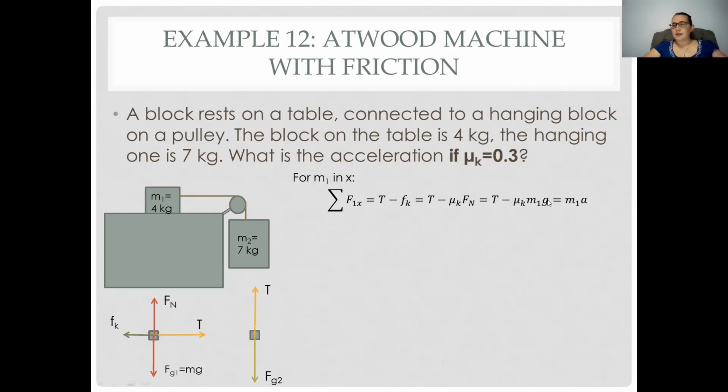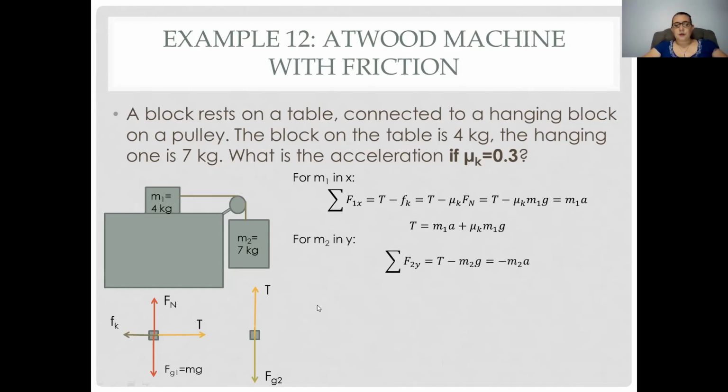And according to Newton's second law, that equals mass 1 times acceleration. So trying to get an equation for just tension by itself, we get tension equals M1A plus mu M1g. Right, we took this chunk, moved it over to the other side of the equals, and it became positive.